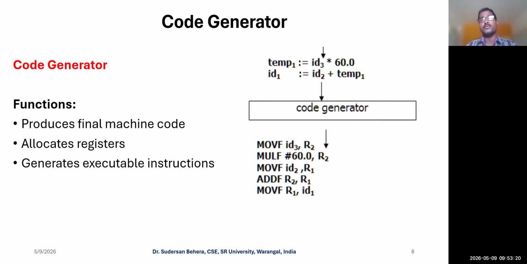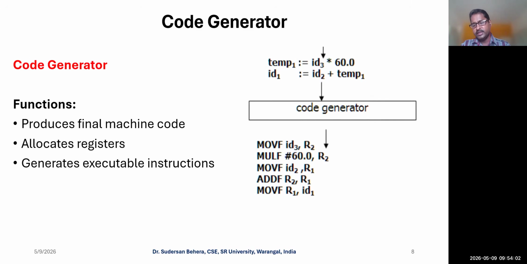So how does it perform register allocation? Using the instruction MOV id3, R2. Why is F given in MOVF? Because in this expression, 60.0 is a real number, and as I said, position, initial and rate are all already taken as floating point numbers. So the entire expression is in the form of floating point numbers, and the result is in floating point form as well.